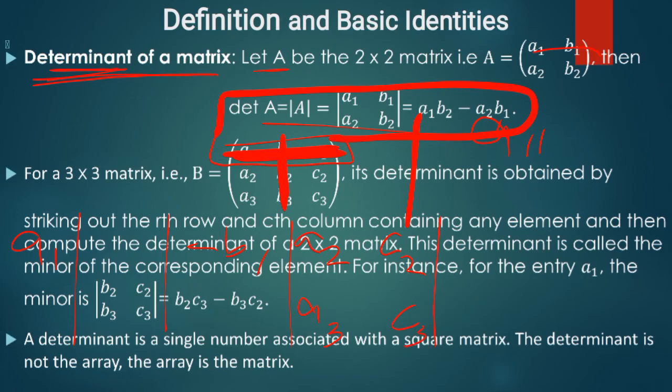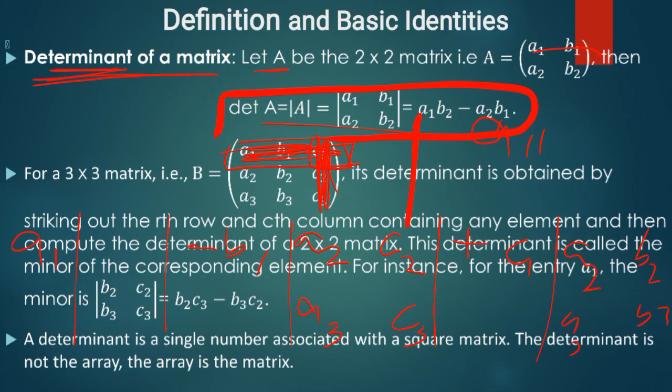You take the determinant of this just like we did before, and then plus the third entry. Our third entry along the row, like I said earlier, is C1. At C1, if we cover everything along C1, what are you left with? You're left with A2, B2, A3, B3.